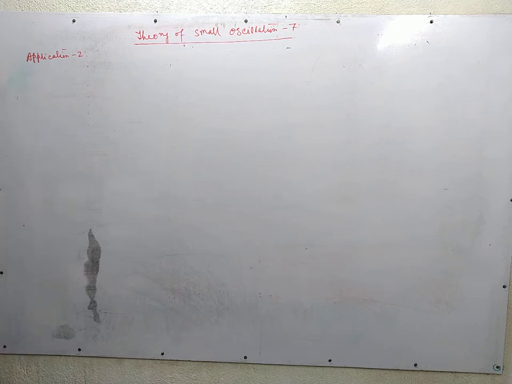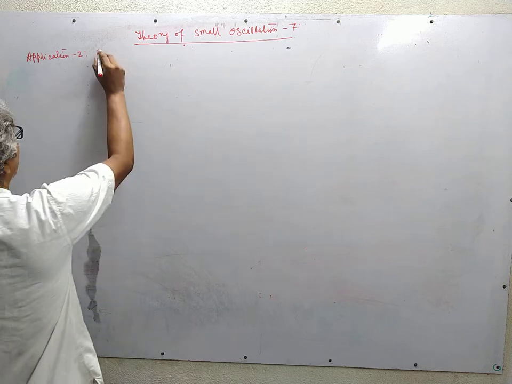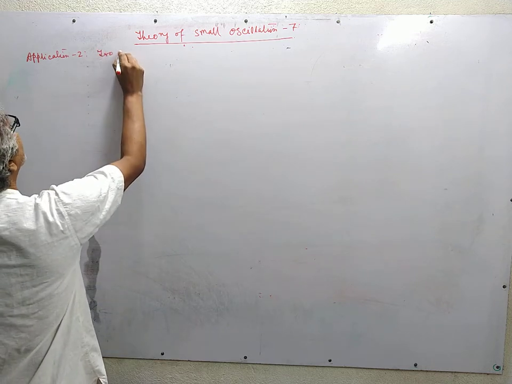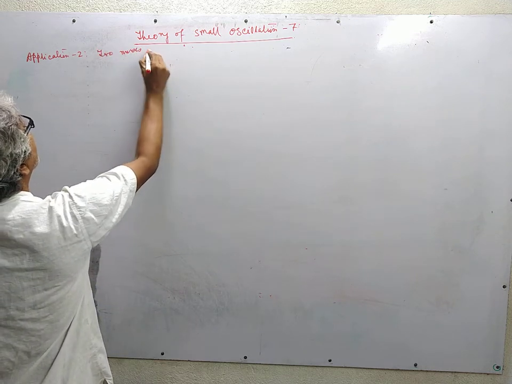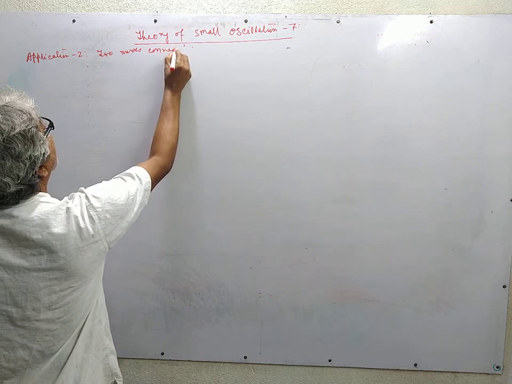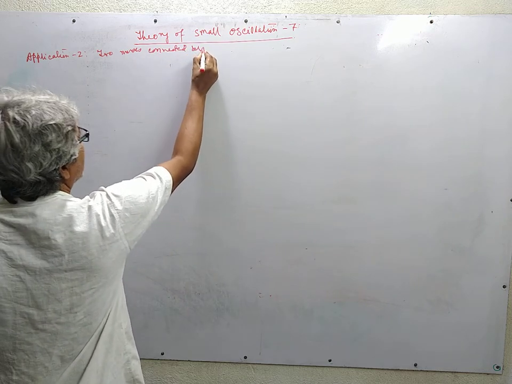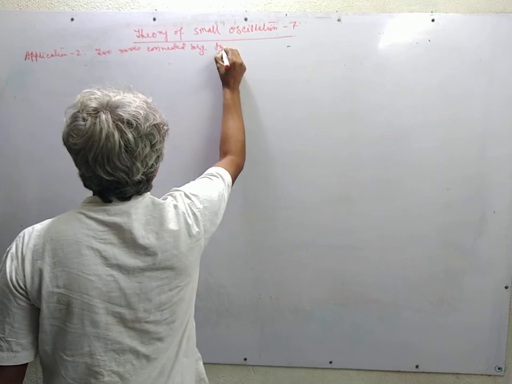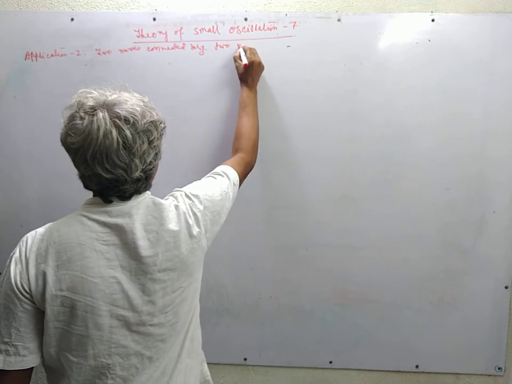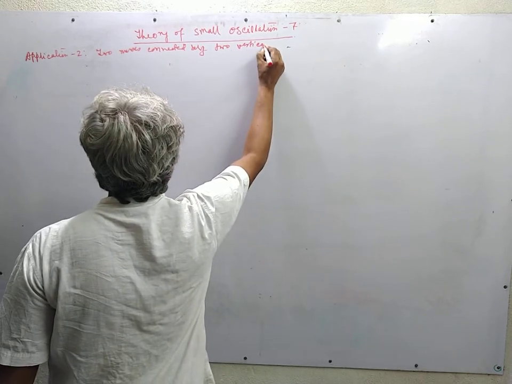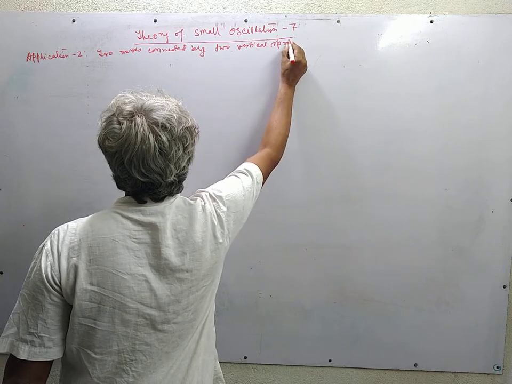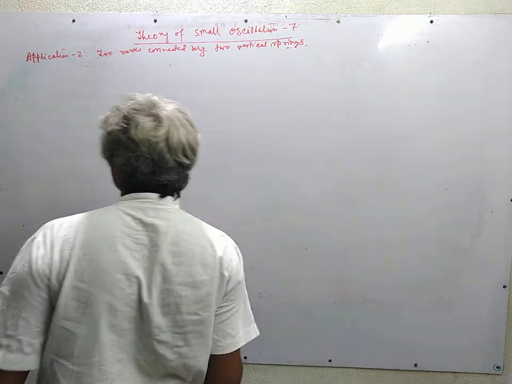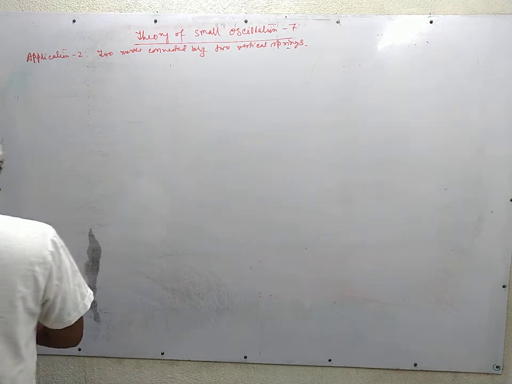So, two masses connected by two vertical springs. The situation is something like that.